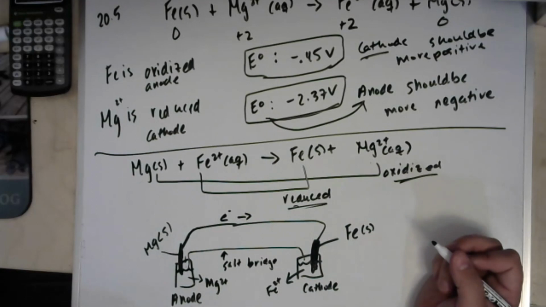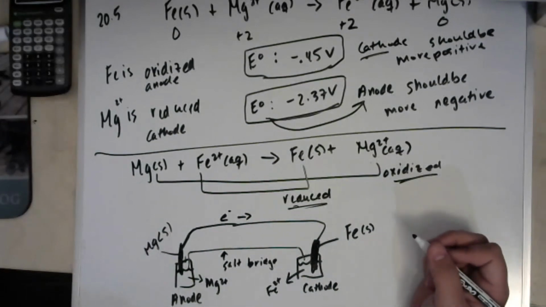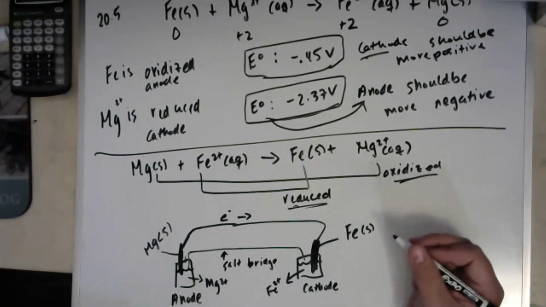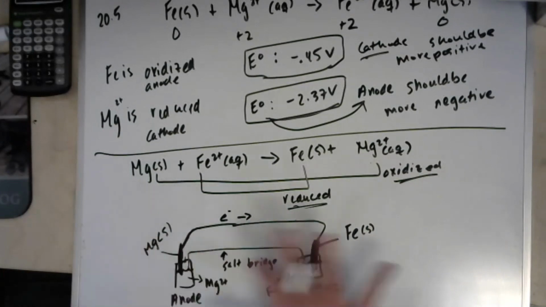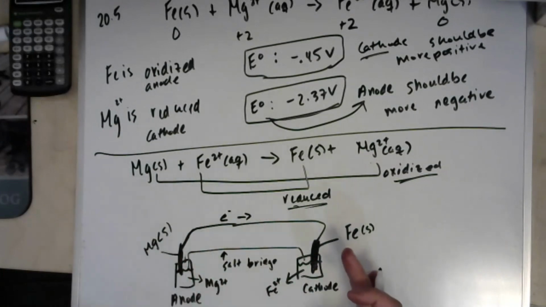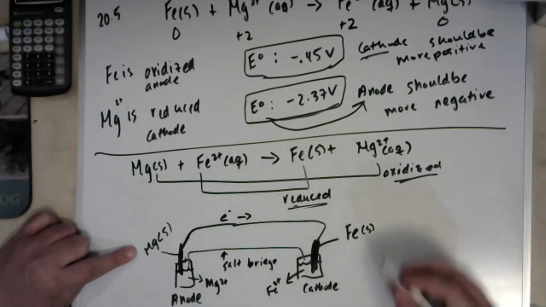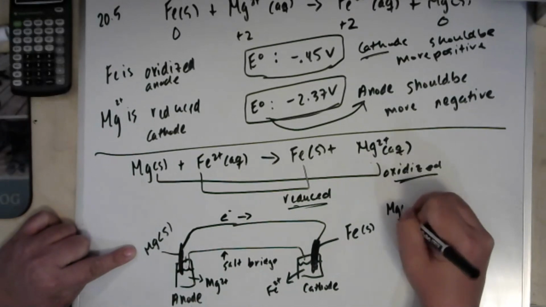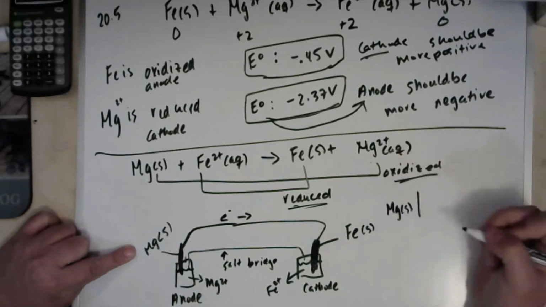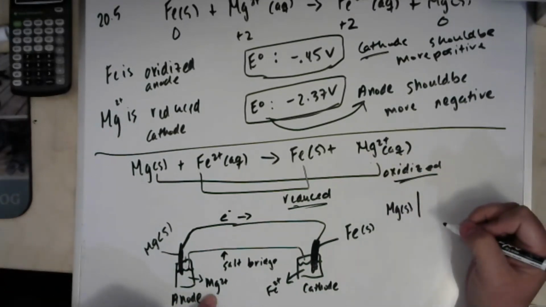You might be asked to write the cell notation of something like this, which is basically a representation of your electrochemical cell in shorthand form. That's just going to be you reading the electrochemical cell from left to right. So it starts with your magnesium solid. Then there's going to be a line, and you're going to write the next component.